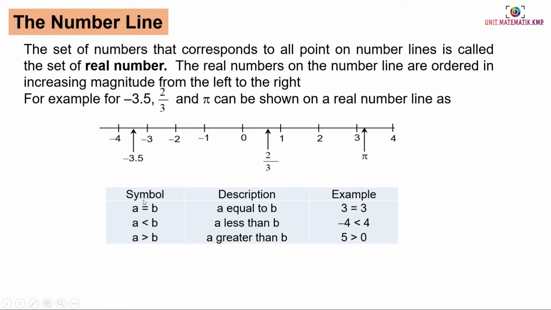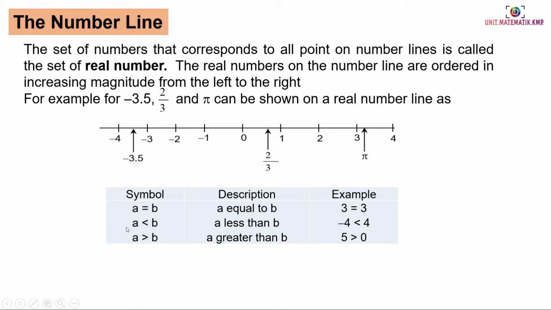Symbol. For this symbol, the description is A equals B. For example, 3 equals 3. And here, the description is A less than B. For example, negative 4 less than 4.